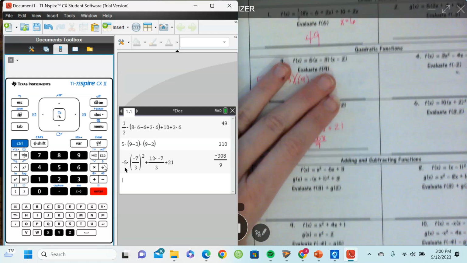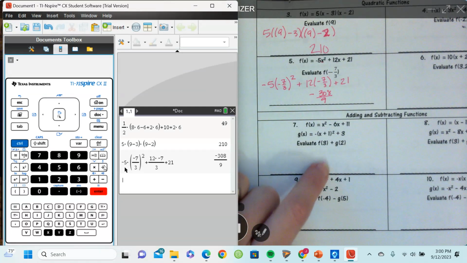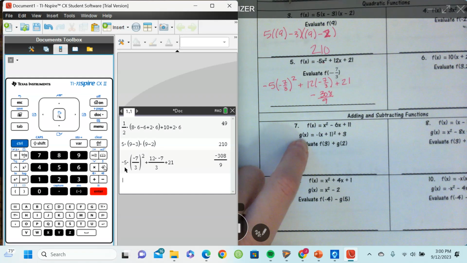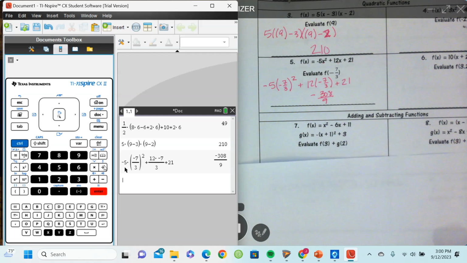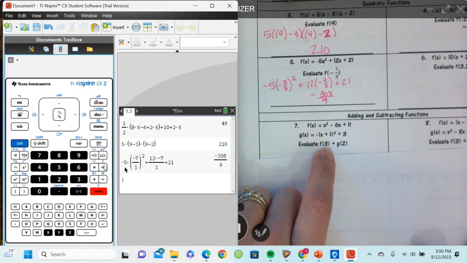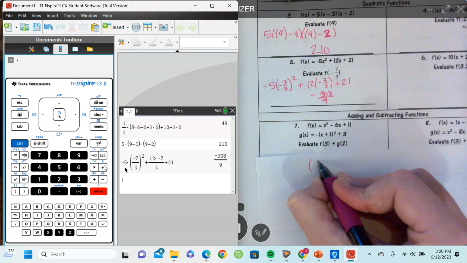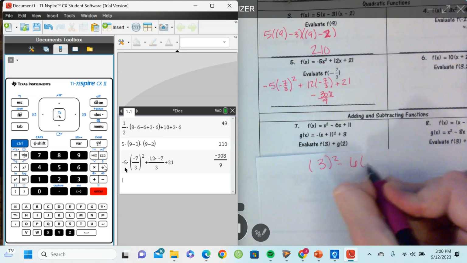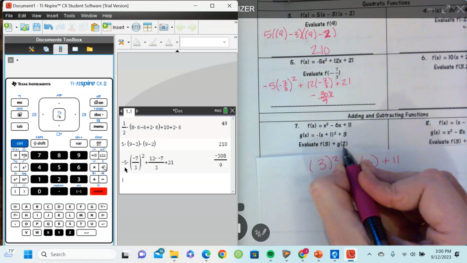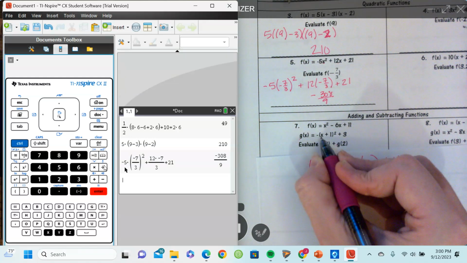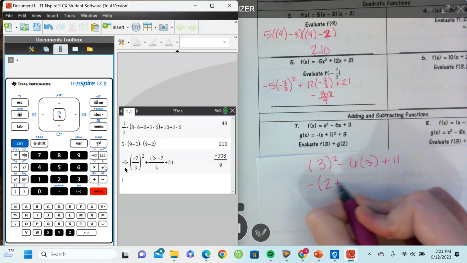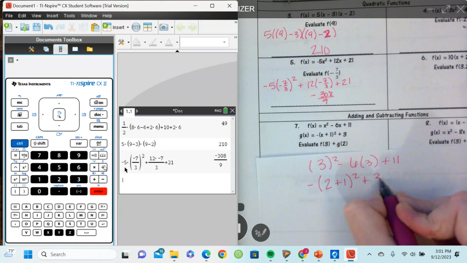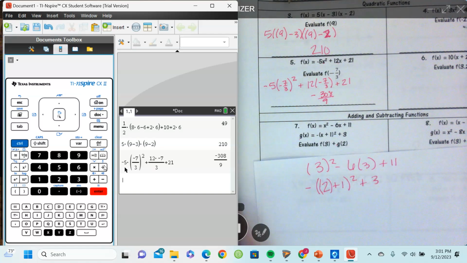All right, down here at the bottom, now we've got 2 functions, f and g. Again, those are just names. They're just a fancy y. So this one says f of 3. For that f function, I'm going to plug a 3 in for those x's. So 3 squared minus 6 times 3 plus 11. And then for the g function, I'm going to plug a 2 in where there's an x. That should have got parentheses.